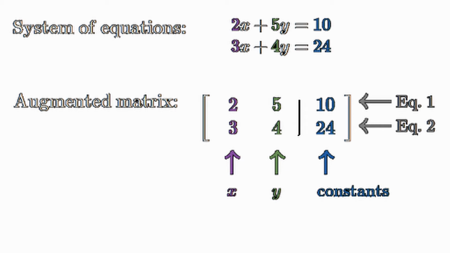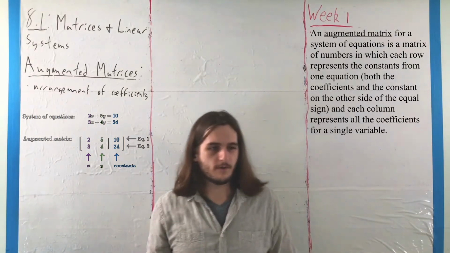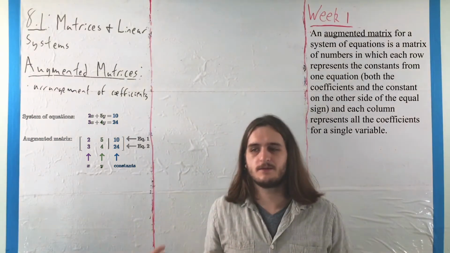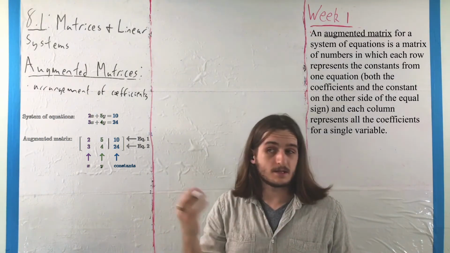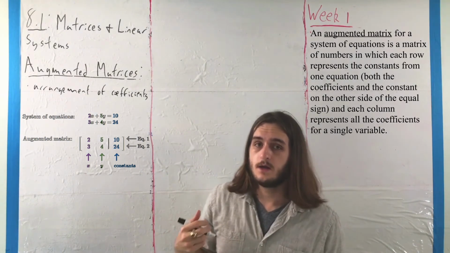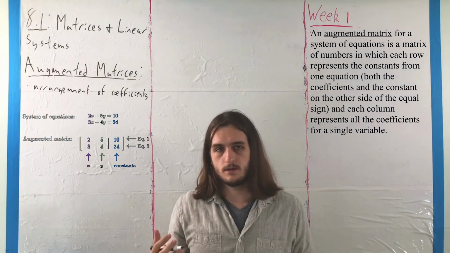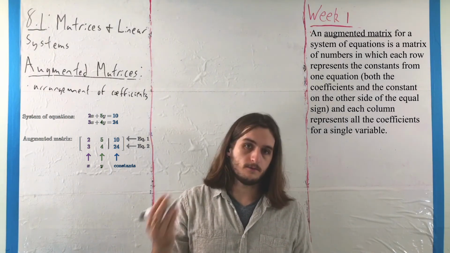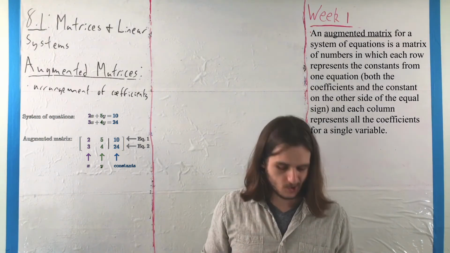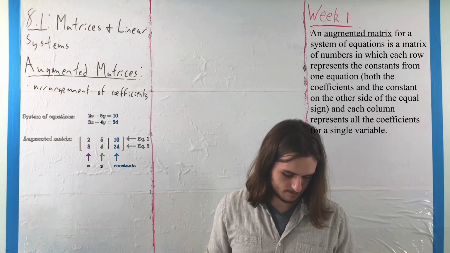So rows correspond to equations, columns are where the coefficients come from, and then to specify that we're doing an augmentation here, we sometimes, in this class in particular, will draw that vertical line down between where the equality is, that is the constants, and the variable terms in terms of our system.